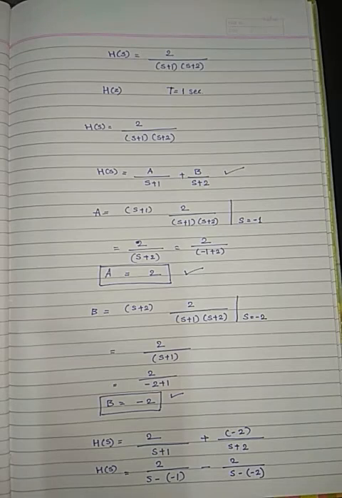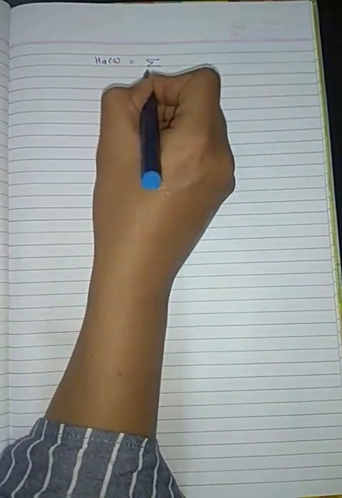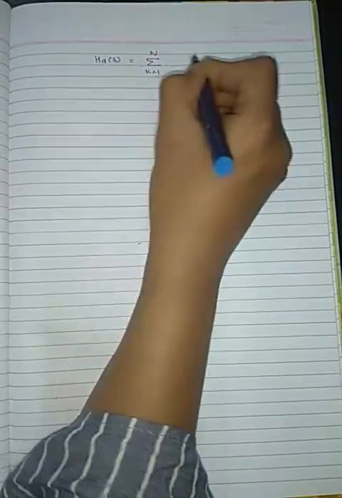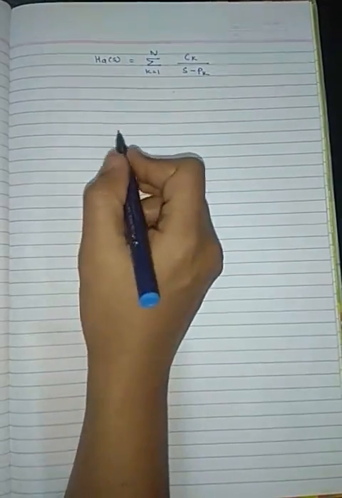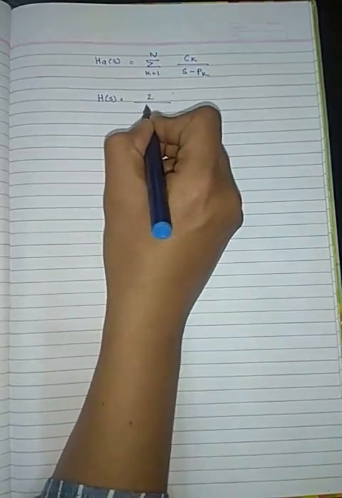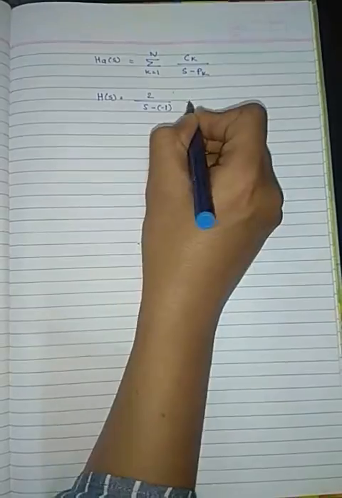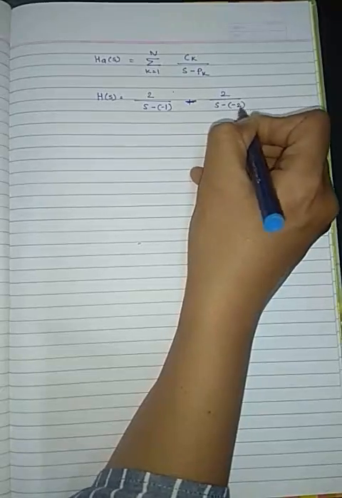Now what we have to do is compare this equation with H of S equal to the summation from K equal to 1 to N of Ck divided by S minus Pk. Here our equation of H of S is 2 divided by S minus 1 plus minus 2 divided by S minus 2, which we have derived.